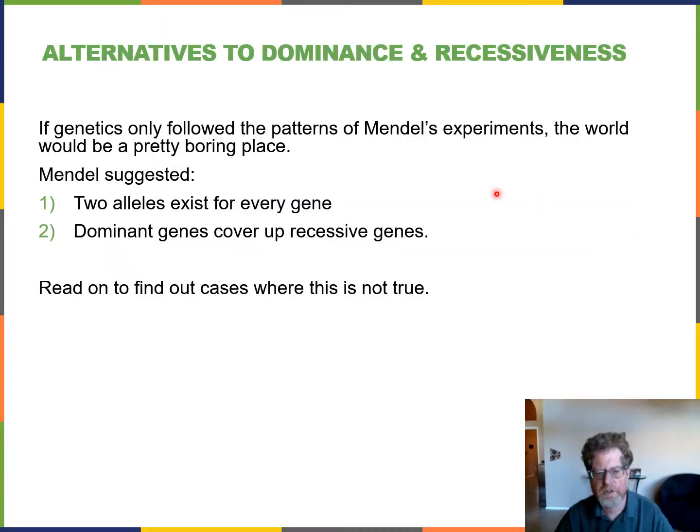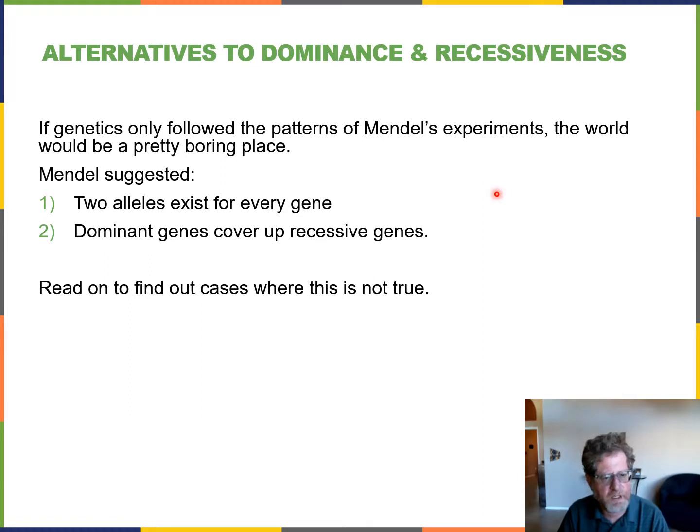Okay, so if everything followed Mendelian genetics, the world would be a pretty boring place. Mendel was the first one to understand the particulate nature of inheritance, that it's on some sort of particles we now call genes, and these genes get passed along, one of 2 copies from each parent, and then recombine.